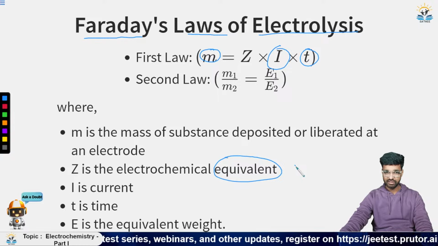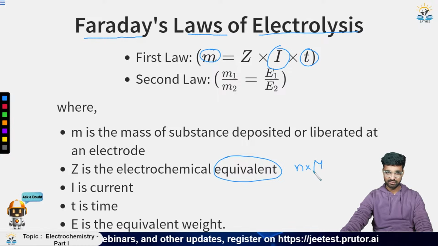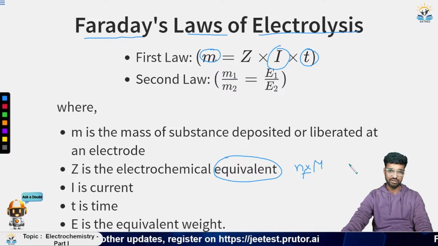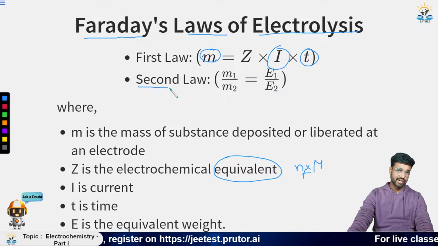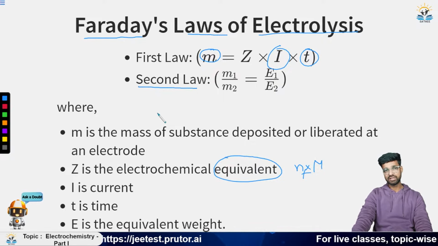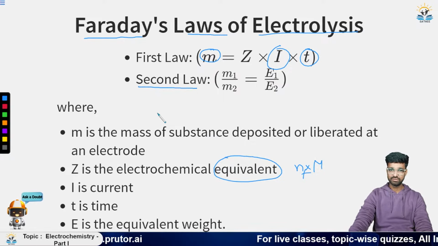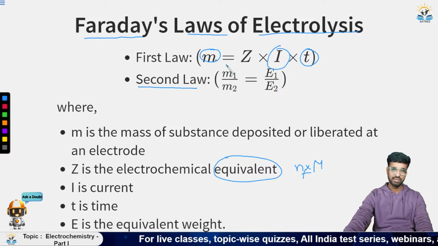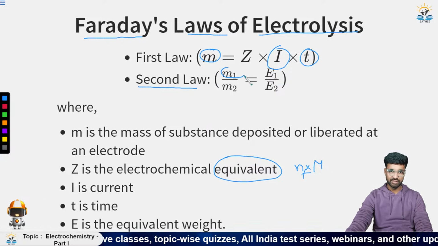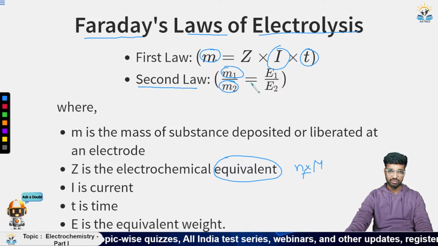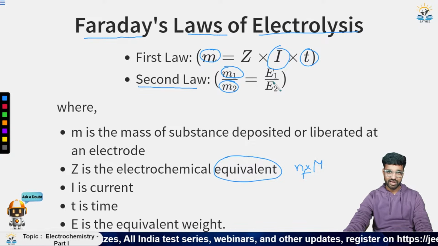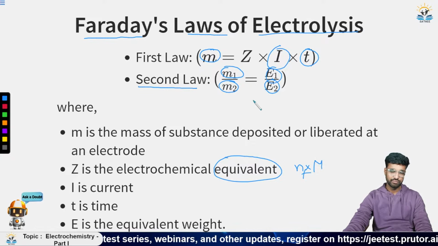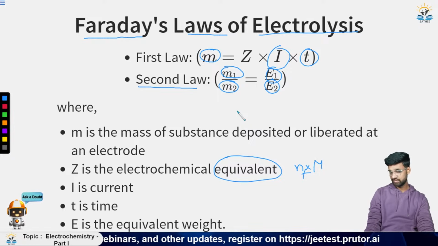If you want to know Z, it is nothing but the n-factor times the mole factor times molarity. The second law says that if we conduct the same current through two different solutions having different equivalent weights, then the ratio of the masses deposited on each electrode is equal to E1 by E2, that is M1 by M2 equals E1 by E2.